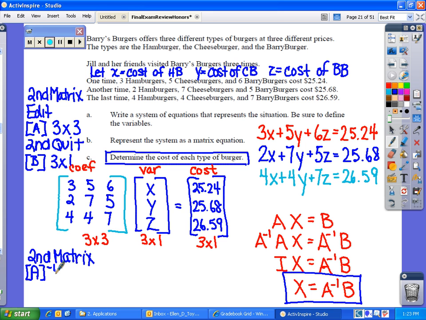It is the same key as the matrix key was, but without hitting second first. And then we'll hit second matrix again, and under names, pull up the B matrix. When we hit enter, we will get our answer, X.